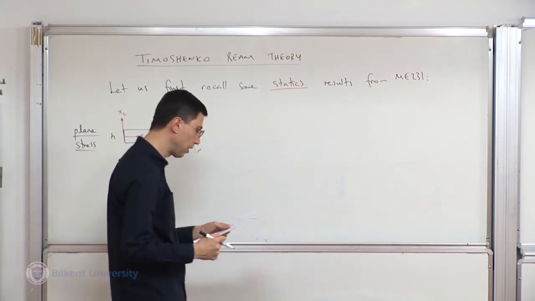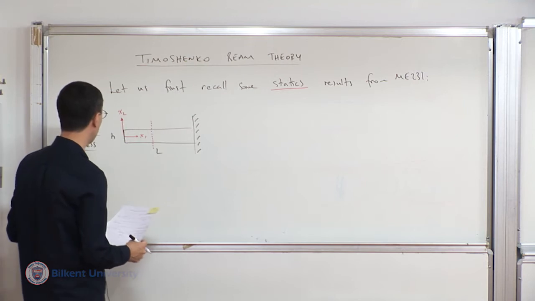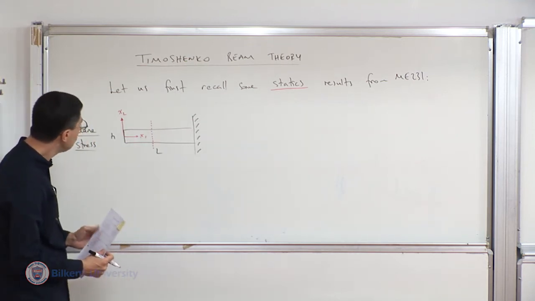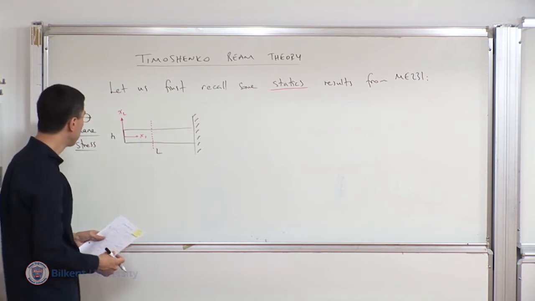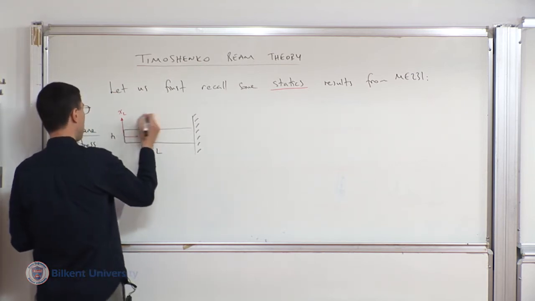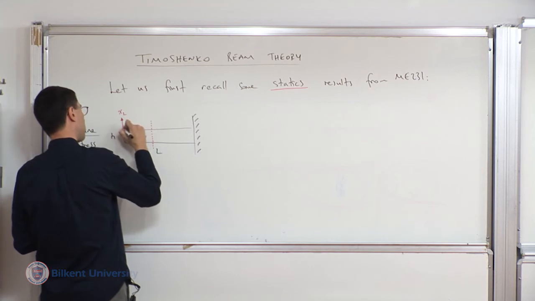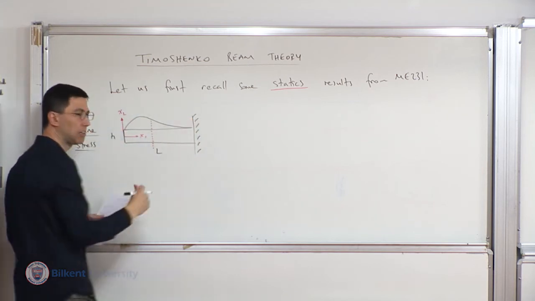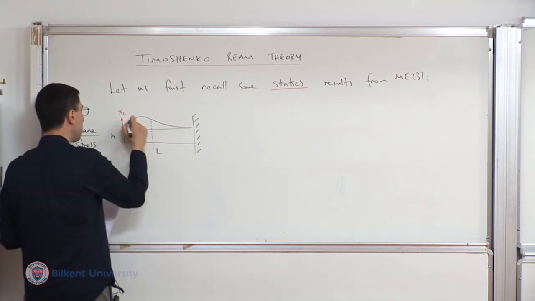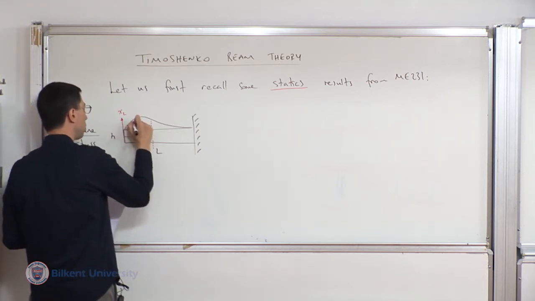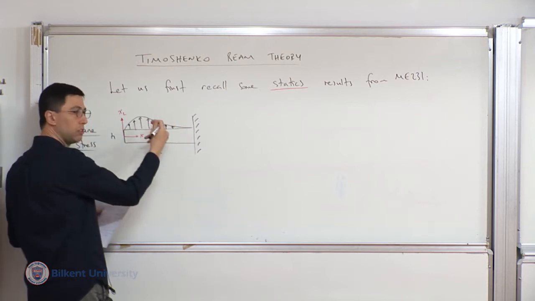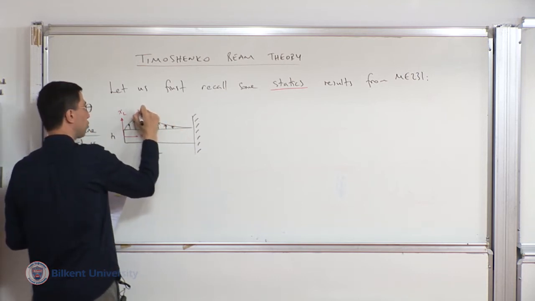But before I do that, let me impose some external loading onto this beam. Now, in ME 231, we had different types of loads. The most fundamental in some sense is the distributed load. So I'm going to pick a distributed load, let's say something like this. It could be anything really. This is the default positive direction of the distributed load.